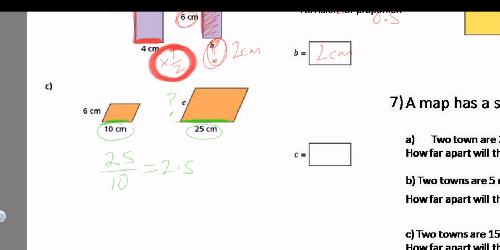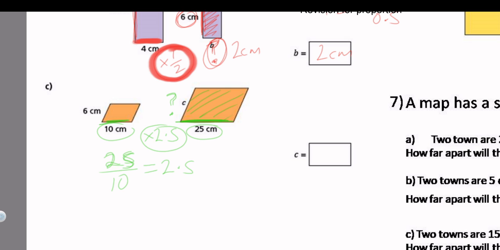That's the scale factor. So why does the 25 go on the top? The 25 goes on the top because it belongs to the shape with the missing side. 25 divided by 10 is 2.5, that's our scale factor.